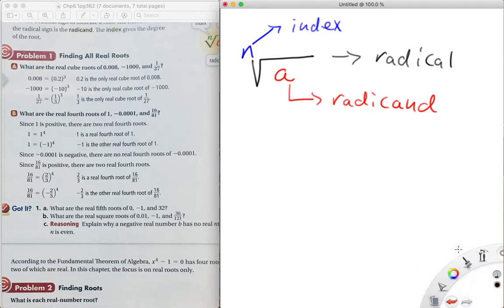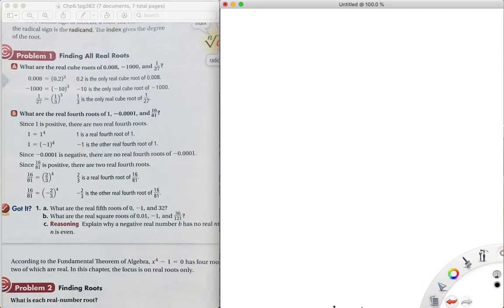All right, finding roots. So they want the fifth root of 0. That's 0 because 0 times 0 times 0 times 0 times 0 equals 0.